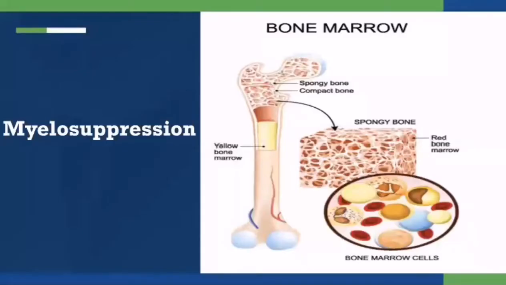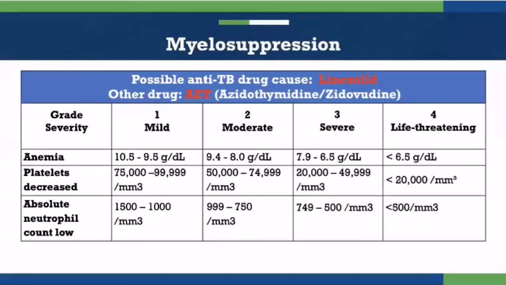Now, myelosuppression, is this common? If the patient has thrombocytopenia, meaning your platelets are decreased, or neutropenia, this is more likely to be due to our drug linezolid. If your patient is having thrombocytopenia or neutropenia, you may increase your pyridoxine or vitamin B6 to a maximum of 200 milligrams a day.